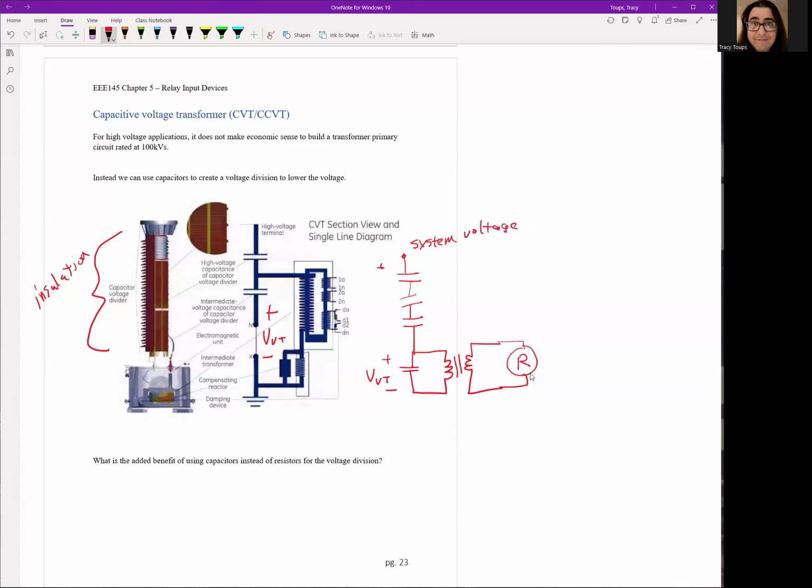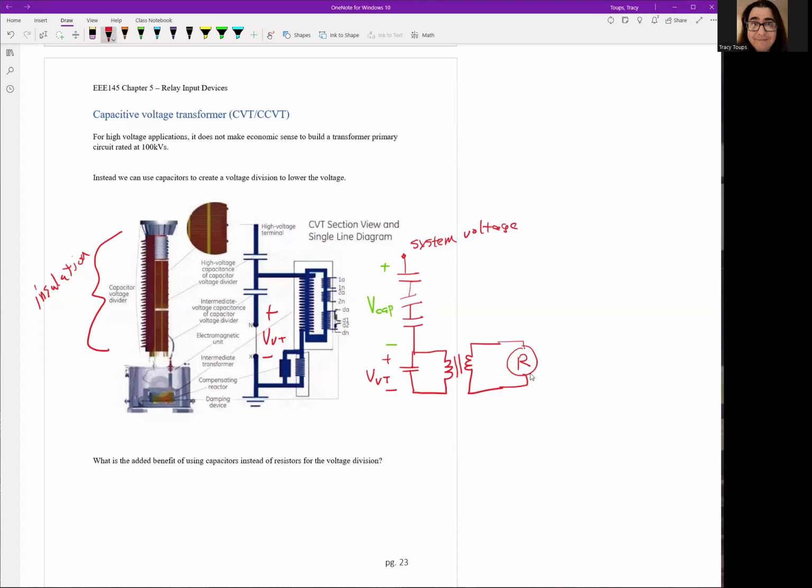And then this is a voltage, let's draw a different color, across the capacitors, V cap. And then you could choose capacitive values to create a voltage divider and lower the voltage.